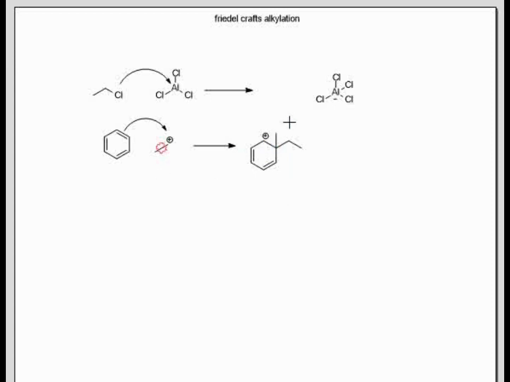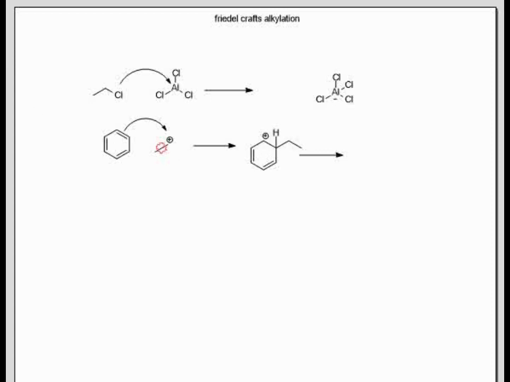As soon as it's formed, it's not going to be stabilized well, and elimination will occur. We all know that here we have a hydrogen. The hydrogen is going to leave as H plus, and this will shift the CH sigma bond pair to the carbocation.